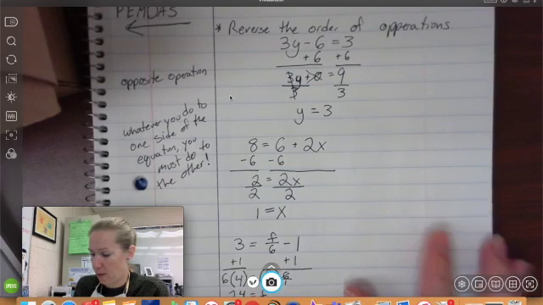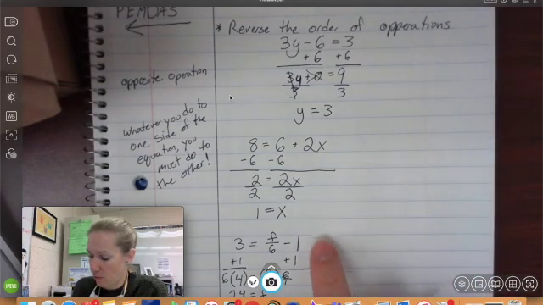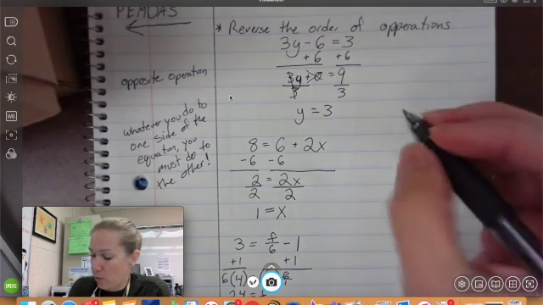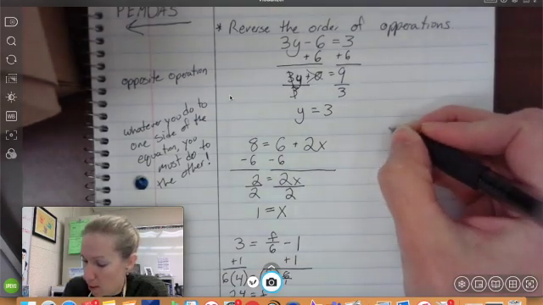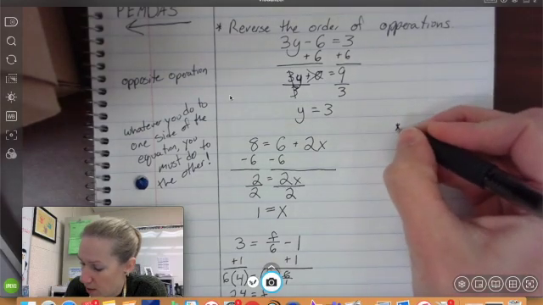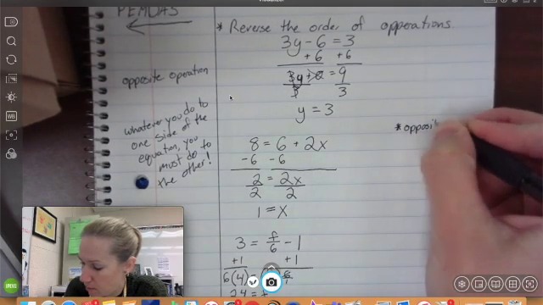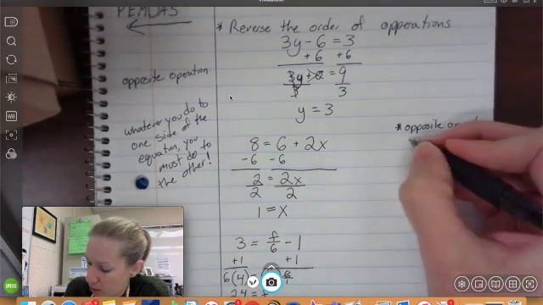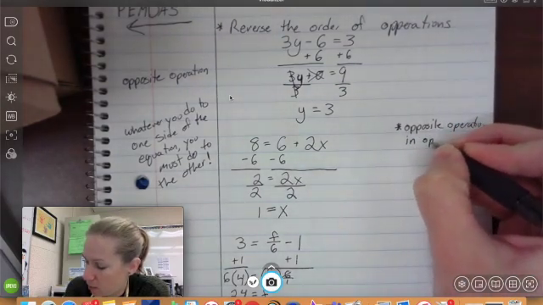Okay? So once again, as we're going through each of these, you're going to go in the reverse order of the order of operations. Okay? And you're going to do the opposite operation. I like to say opposite operation in opposite order.